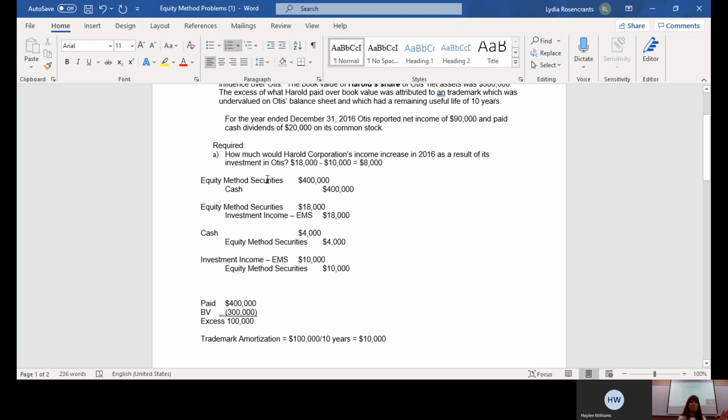So all 4 journal entries are going to impact the answer to B. Only 2 of them impacted A, but all 4 are going to impact B. So B is going to be 400,000 plus 18,000 minus 4,000 minus 10,000. It's just the equity method securities debits added minus the equity method securities credits.